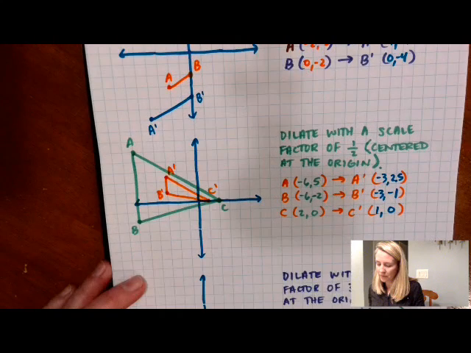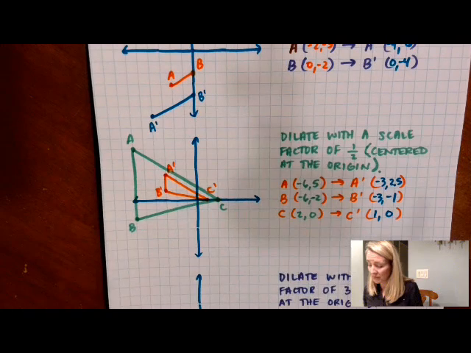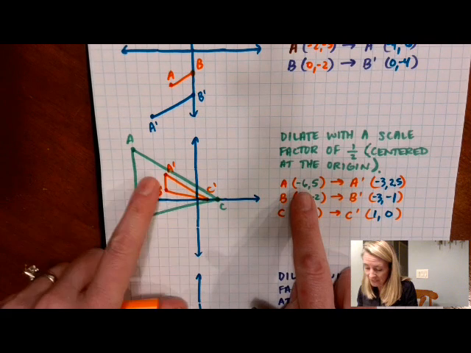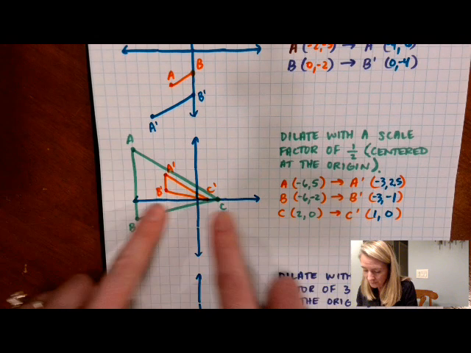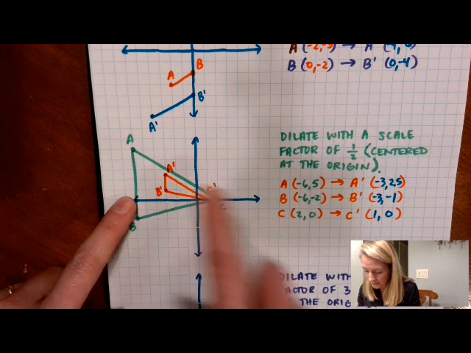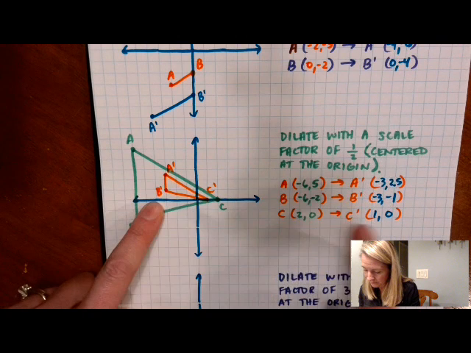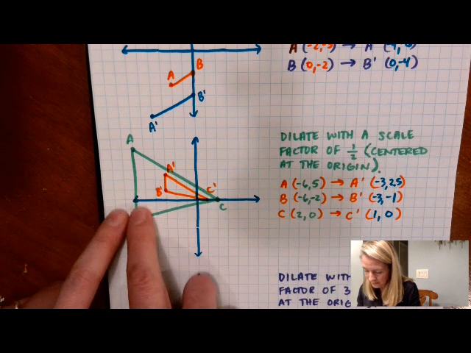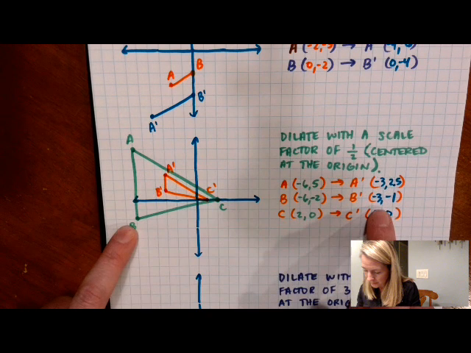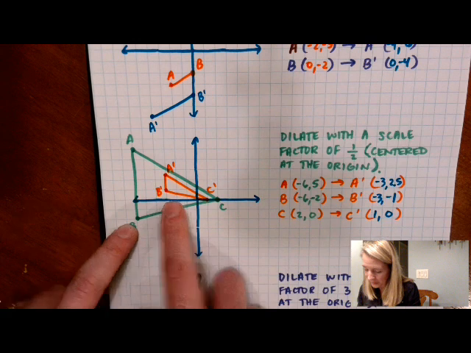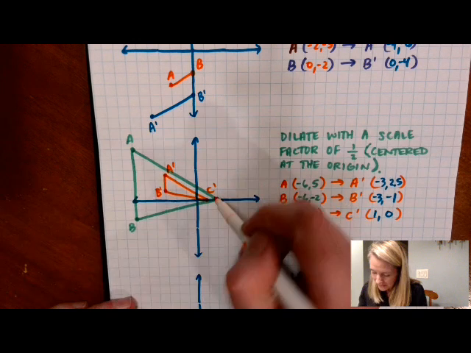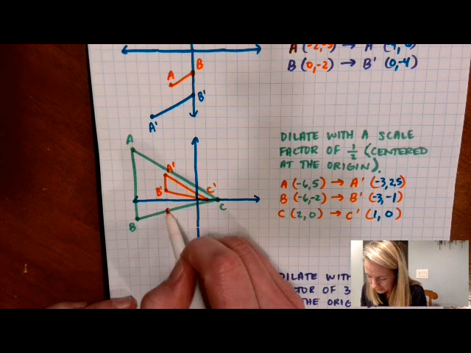Now that doesn't look right to me, so I'm going to check my math here. Over -6, up 5, half of that is -3, up 2.5. Then -6, -2, half is -3, -1. I knew I was off. So (-3, -1) would have been right here.